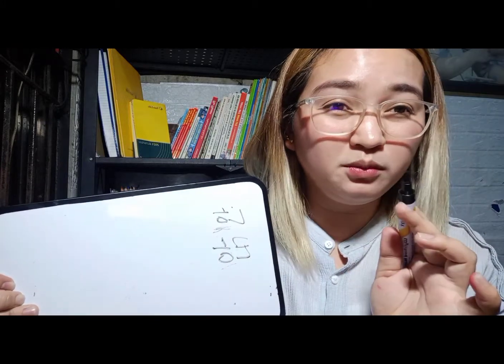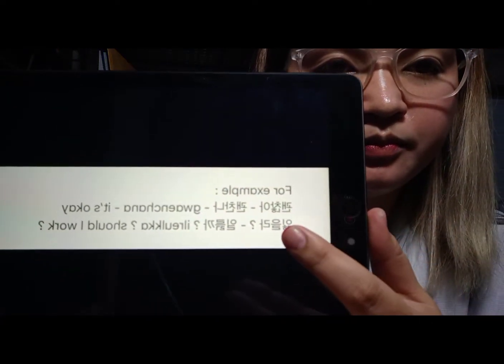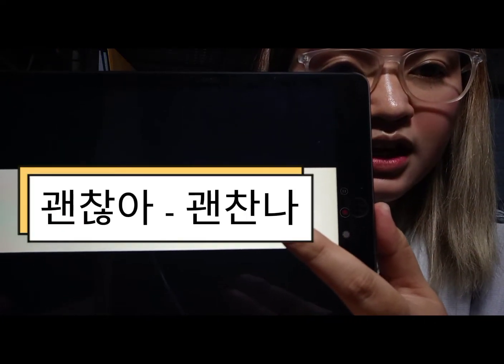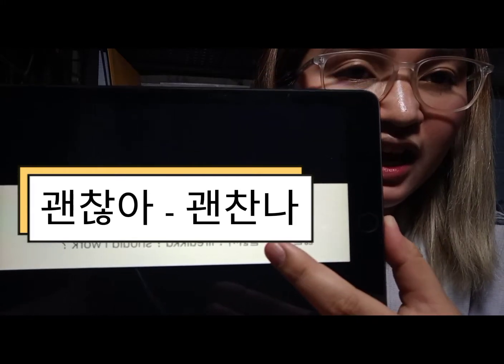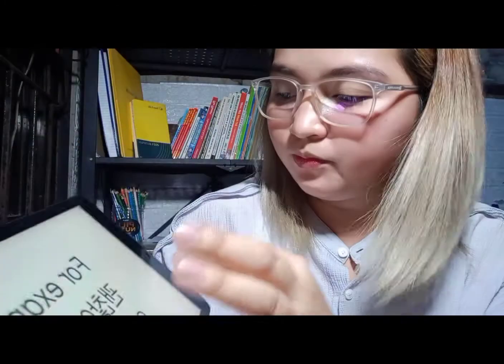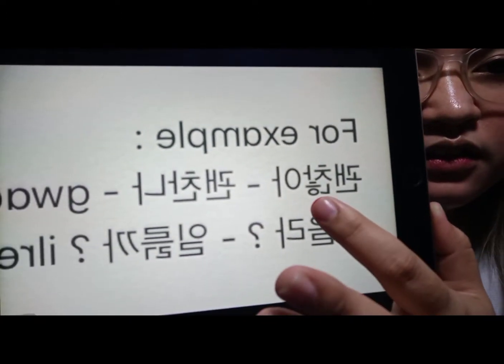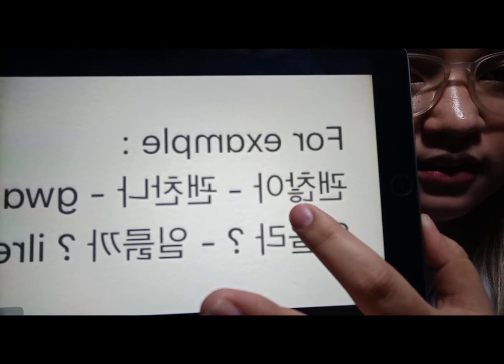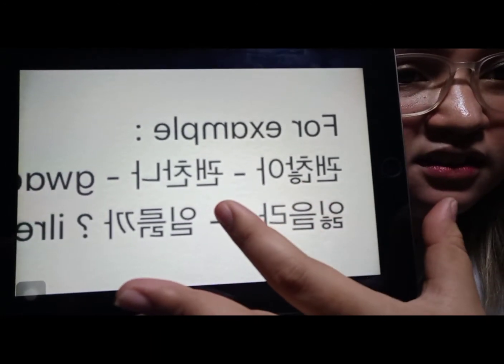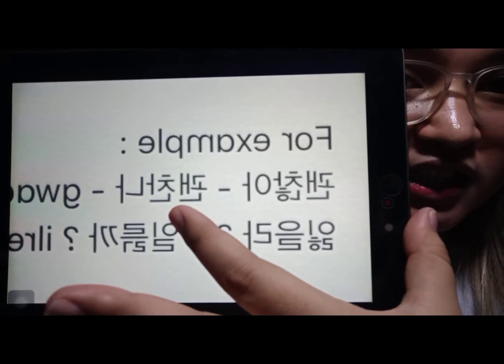Okay. Ang gulo, di ba? So, ganito yun. Quenchana. This one is the hit. And, sa next word ay, di ba wala na siya?